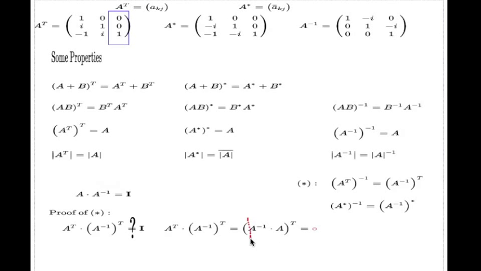Now the inner bit here, we know this is just the identity. So we're looking at the transposition of the identity. But remember, transposition is effectively just flipping the matrix over the diagonal. Transposition of the identity is basically the identity itself. And that's how you prove this one. So the question mark would be gone.